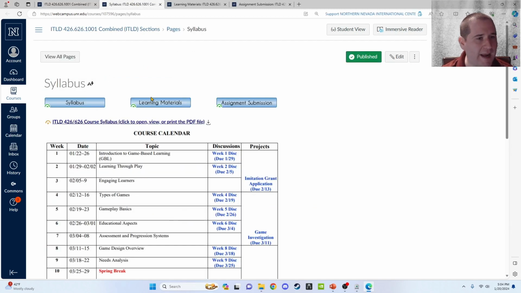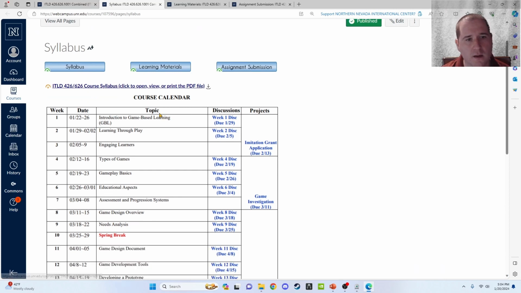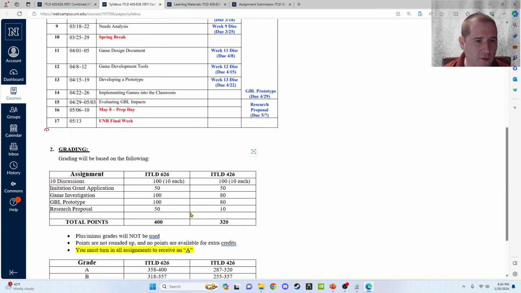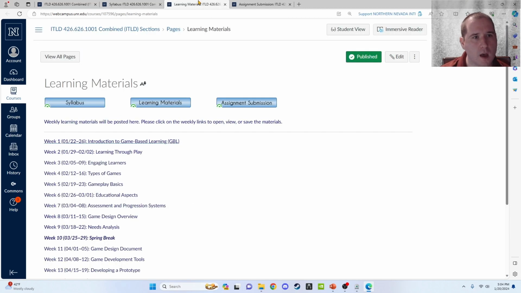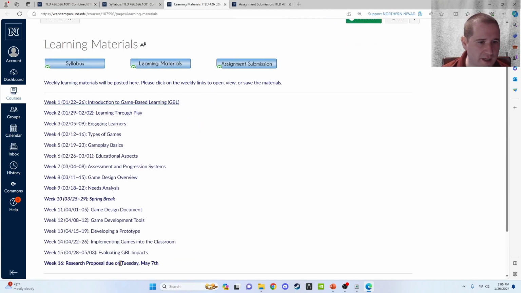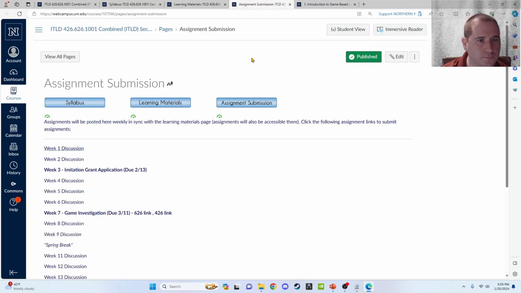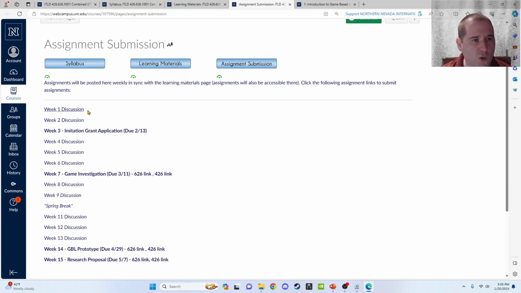The syllabus page has a link to the syllabus, as well as a quick picture of the course calendar and grading. The learning materials page quickly shows you the instructions for each week. We'll talk about week 1 here at the end. The assignment submission page just gives you quick links to all the assignments that are due each week.